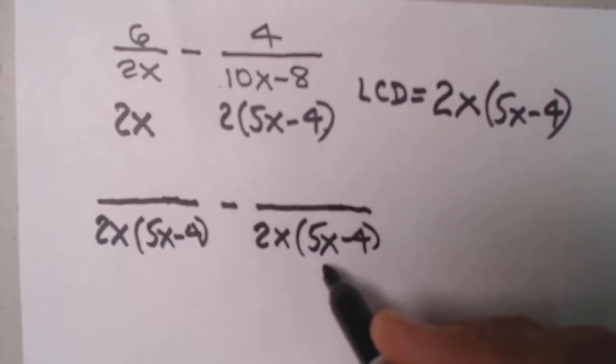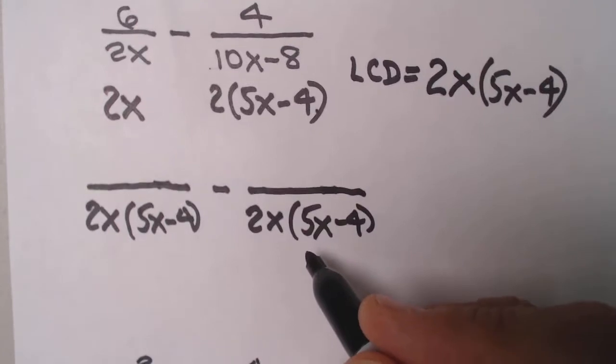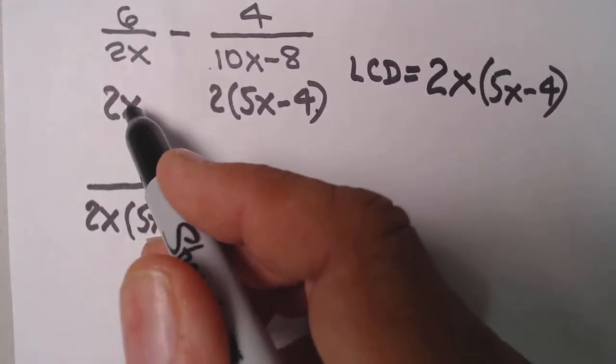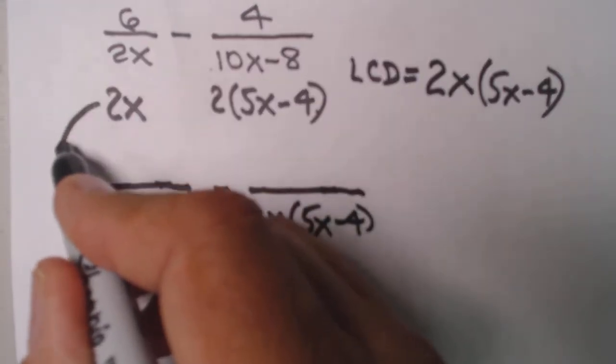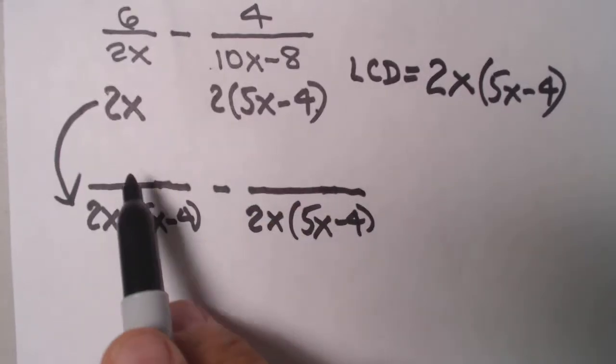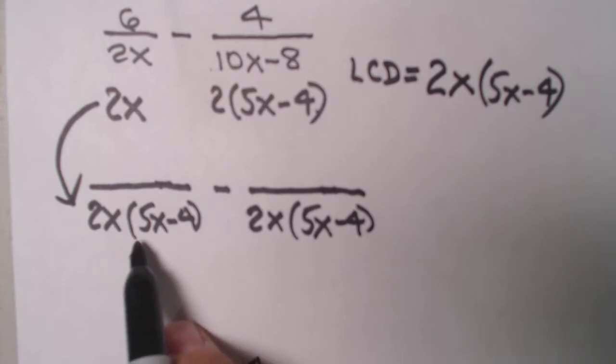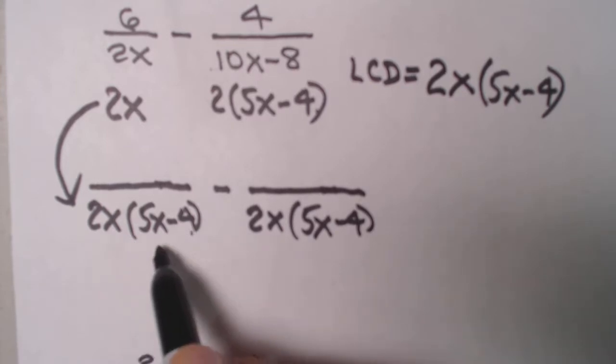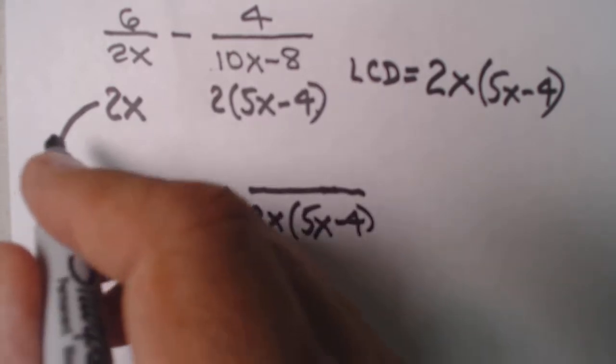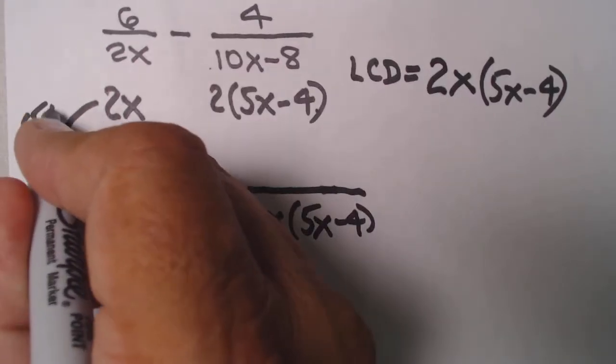Now, how does this help you? Well, here's the game you play in this. Compare the old denominator to the new one. What is it that I had to multiply this 2x by to make it look like 2x times the quantity 5x minus 4? Well, the 5x minus 4. Okay, so there it is.